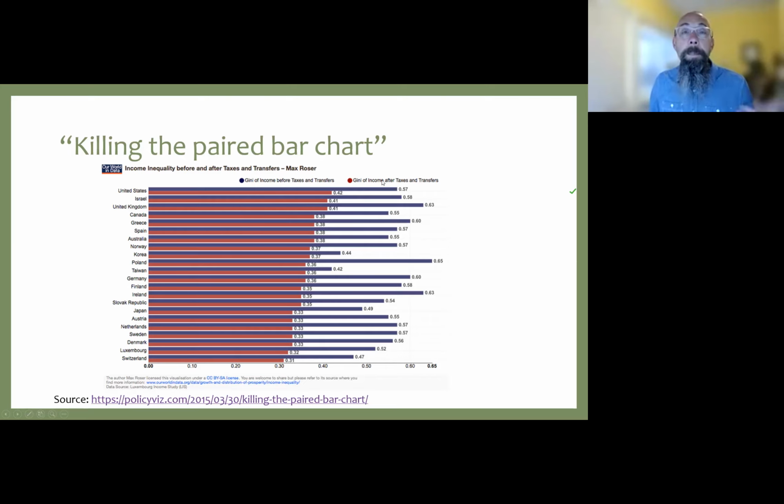So there must have been some kind of a policy intervention that changed taxes and transfers, and they're looking to see whether the income inequality changed before versus after. So whether the income inequality got smaller. So we've got it for the United States and then for Israel and lots of countries, right? So there's a lot of information. They also wanted to put the actual data values on there, which is a good idea. It ends up with a lot of clutter, okay? So there's a lot going on. That's why he's killing this particular bar chart.